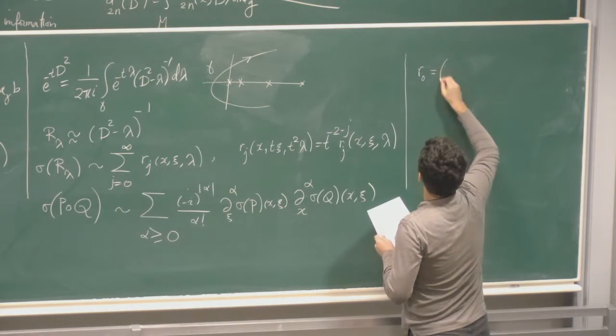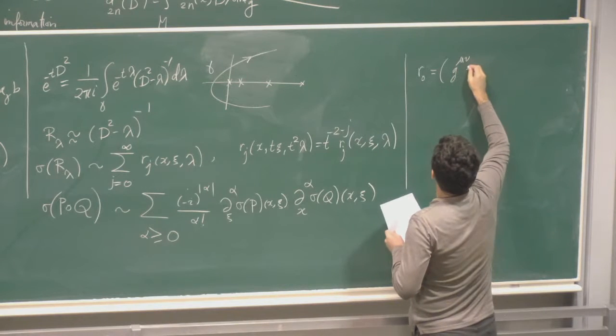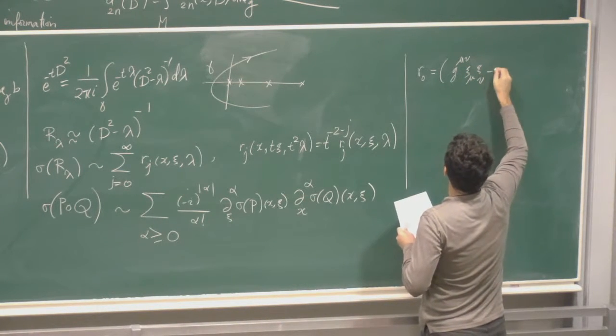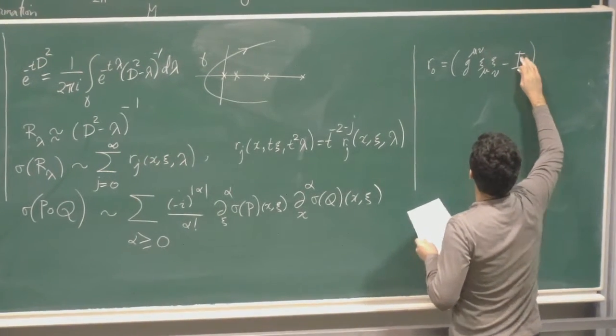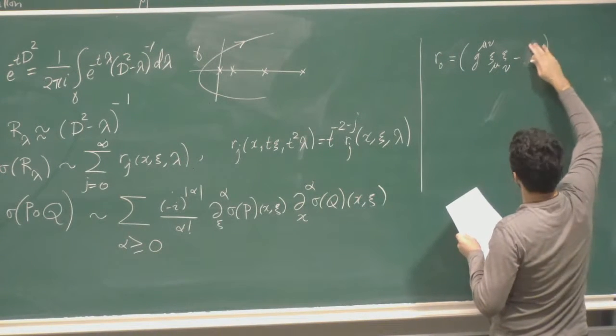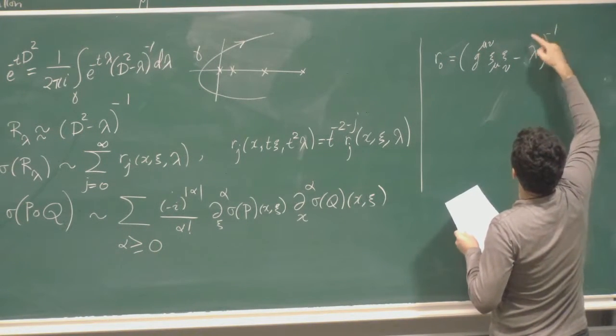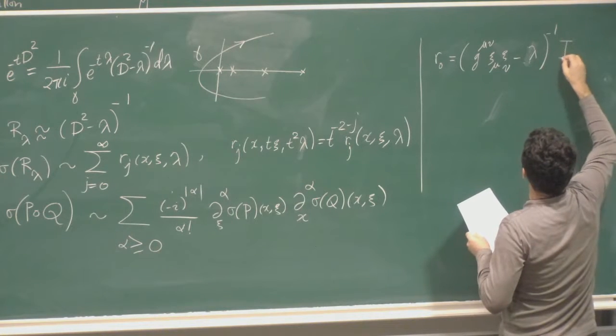R0 is going to be, say, minus lambda, 1 over this guy, times the identity matrix.